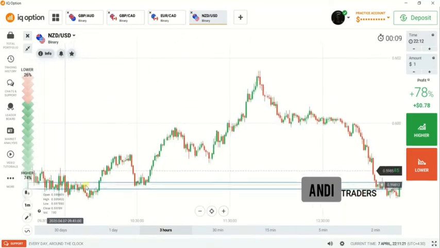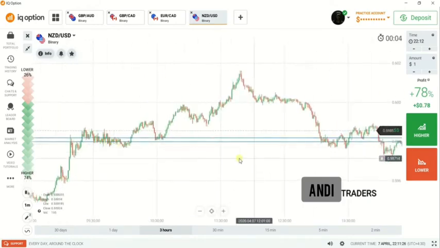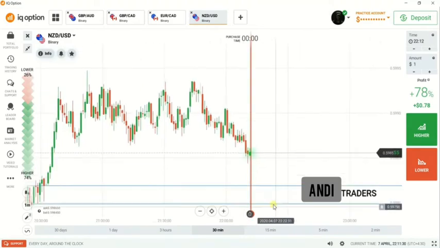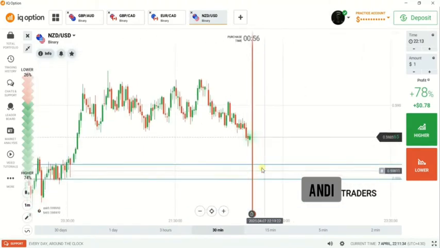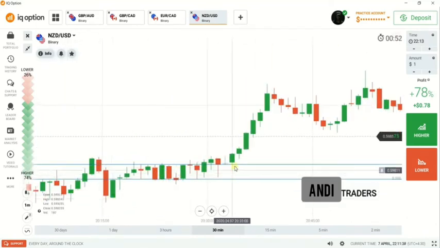So when you see a consolidation area and the market again comes to this area in the future, avoid this area. Don't trade, leave it, because again the market may be in the consolidation area, and in the consolidation area you can't predict.